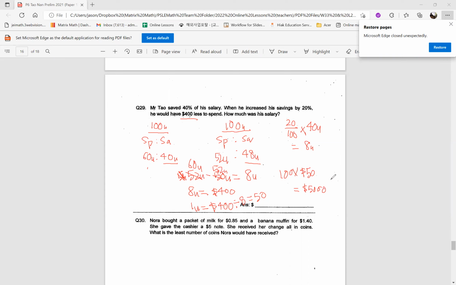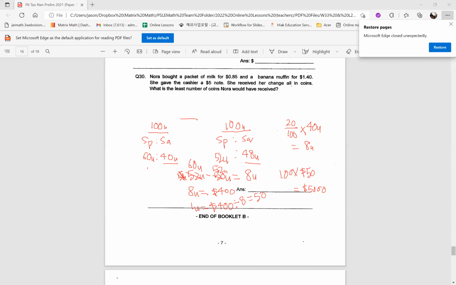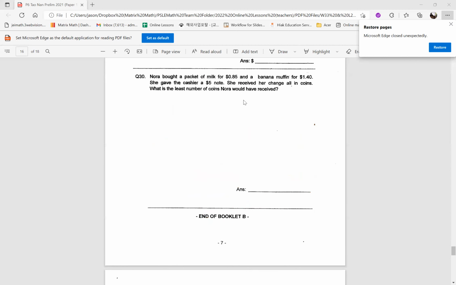So Nora bought a packet of milk for 85 cents, a banana muffin for $1.40. She gave the cashier $5. She received a change all in coins. What is the least number of coins Nora would have received? This question is not really guessing, some calculation is involved.